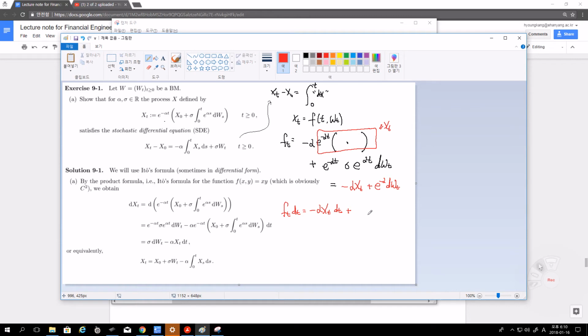So e to the minus alpha t sigma e alpha t dwt. So already we have the change. So we leave this one as it is, right? As it is.